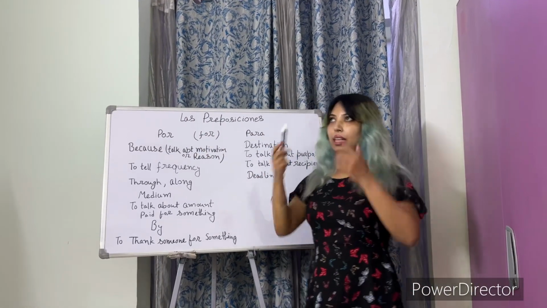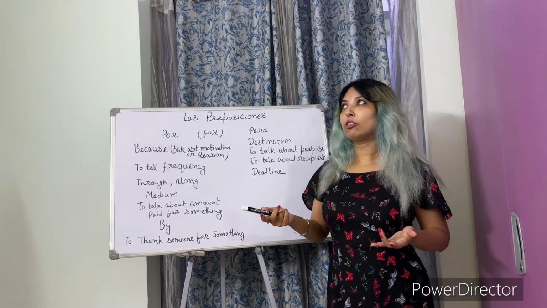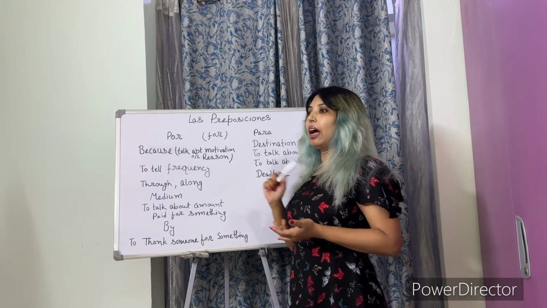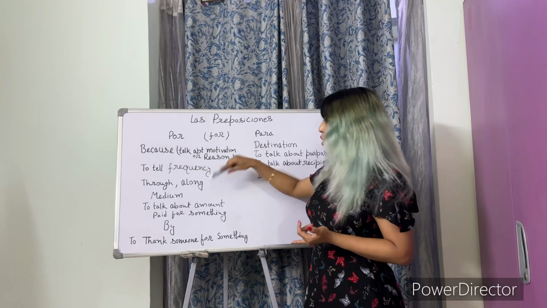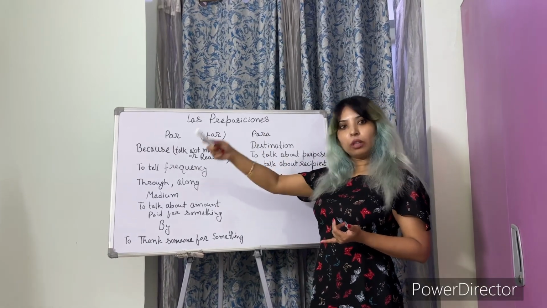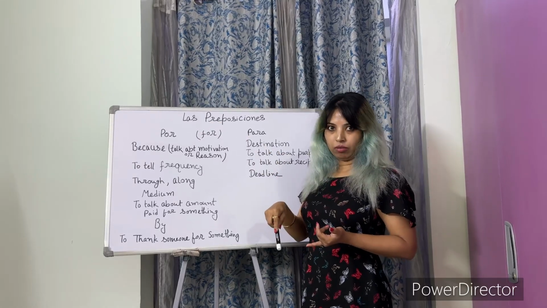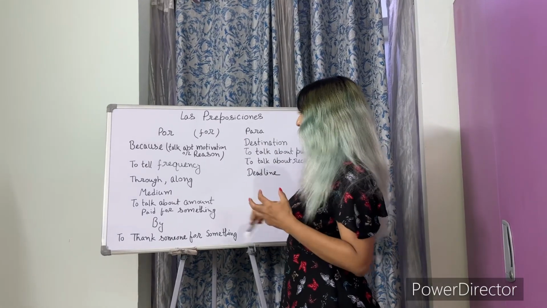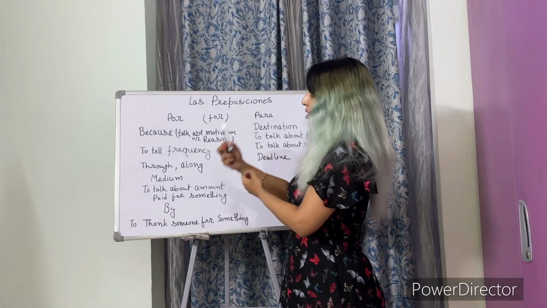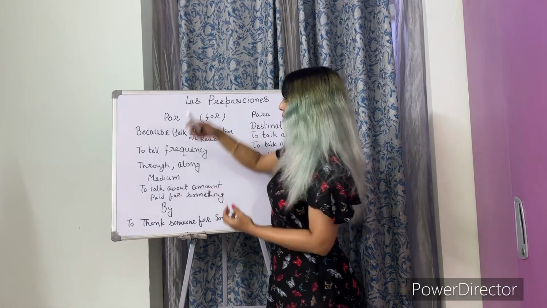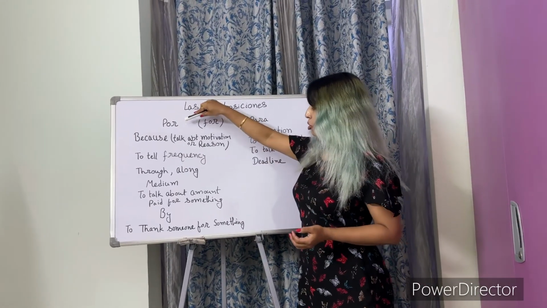You can frame the sentence: I talked to him by phone. Hablé, yo hablé con él, yo hablé con él por teléfono. So if you want to tell about medium, by means of telephone or by means of internet, in that situation you are supposed to use por.